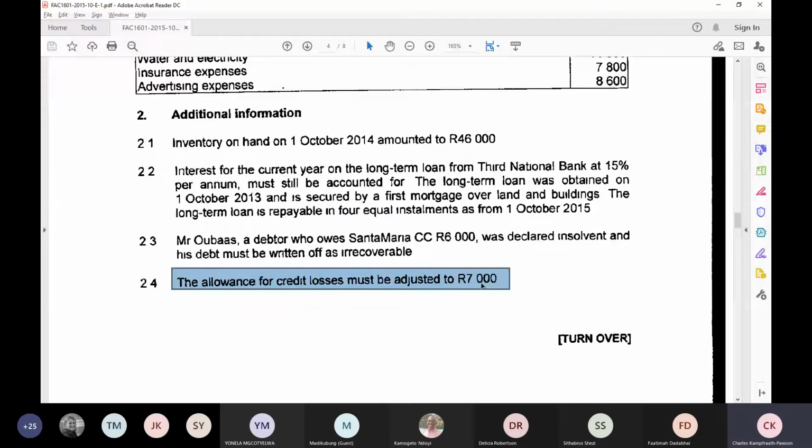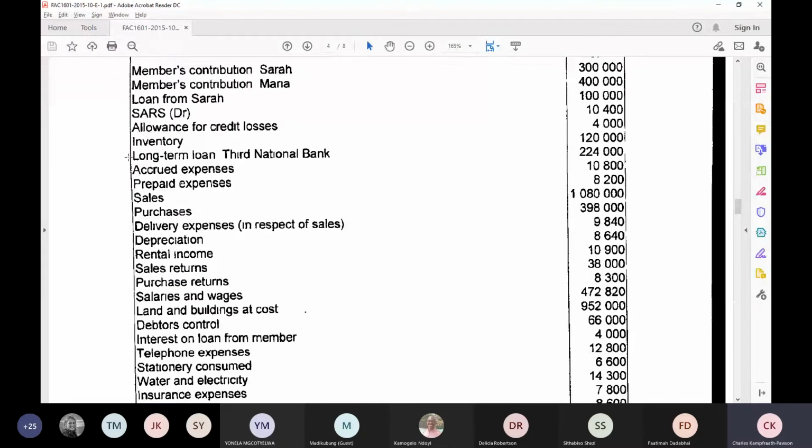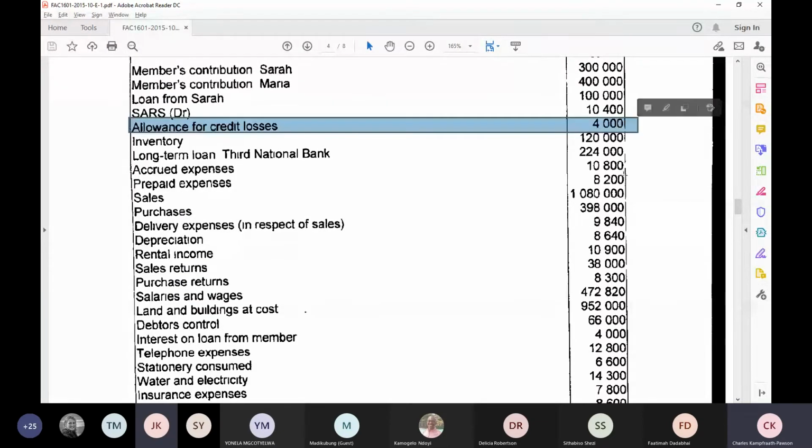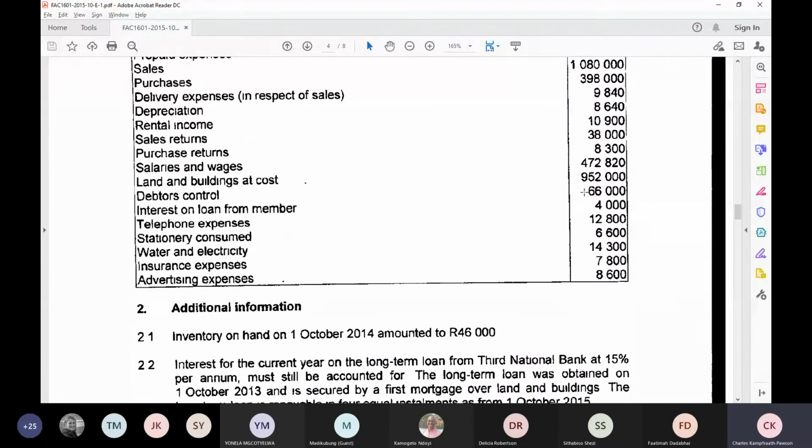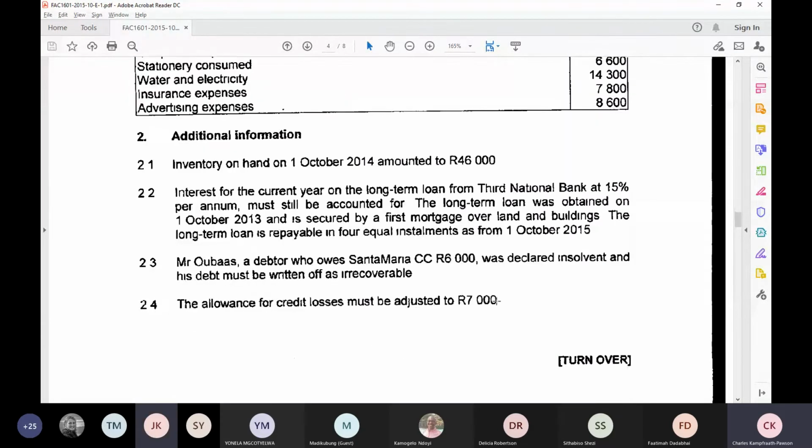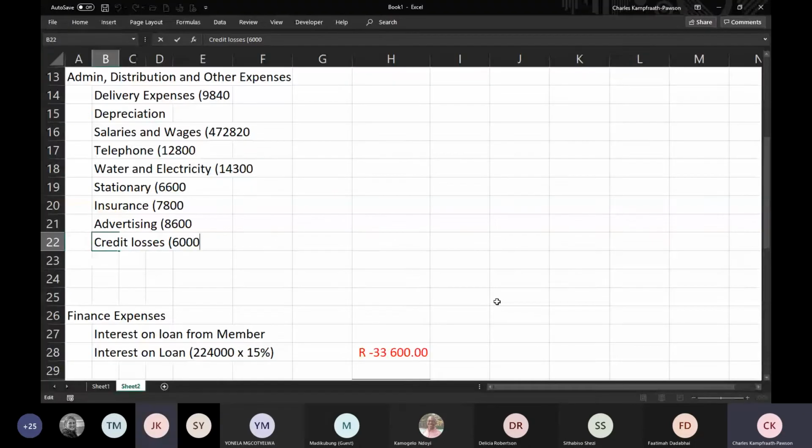So let's go see what it is currently. Allowance for credit losses is 4,000. So it must increase from 4,000 to 7,000. So that increase must also be added to credit losses. That's the accounting principle. Everybody happy with that? So from 4 to 7 is also 3,000. So it's 6,000 plus 3,000. So minus 9,000.